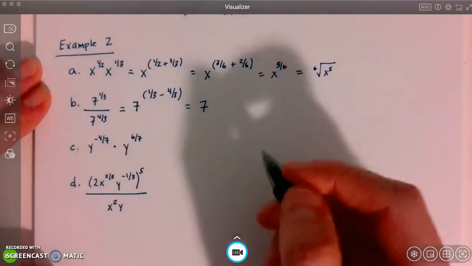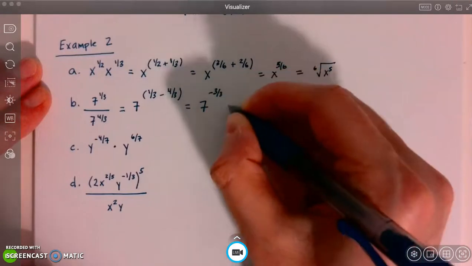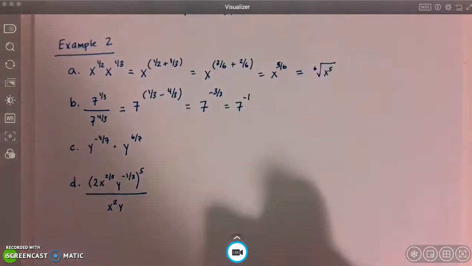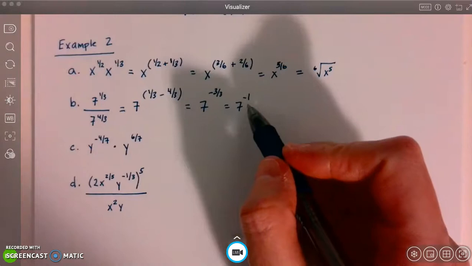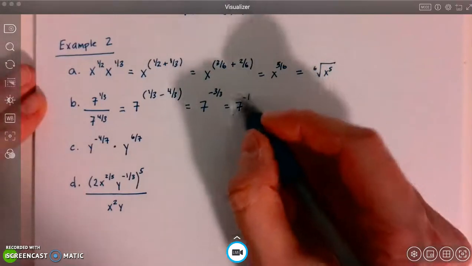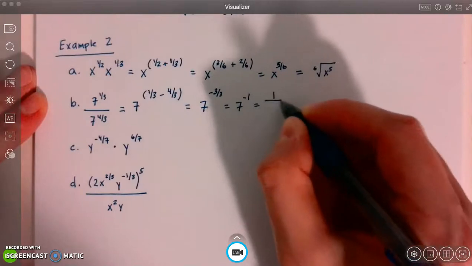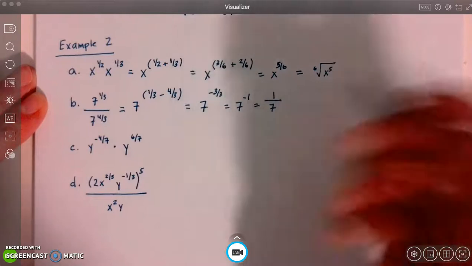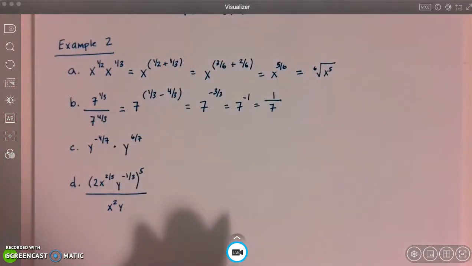So 1/3 minus 4/3 gives me negative 3/3, and negative 3/3 simplifies to -1. Now we know that we shouldn't leave answers with negative exponents. To get rid of that negative exponent, we just have to reciprocate. So that's going to be 1/7 to the first power, positive 1, which is just 7. So 1/7 is our final answer.